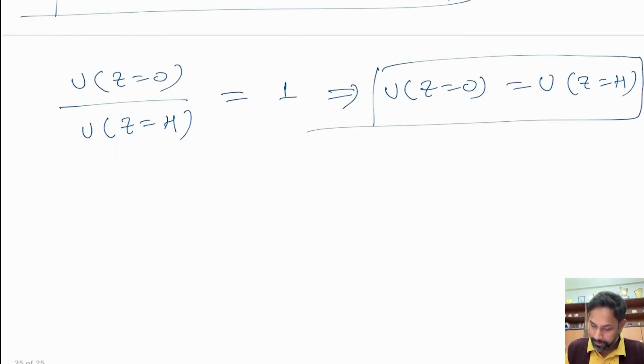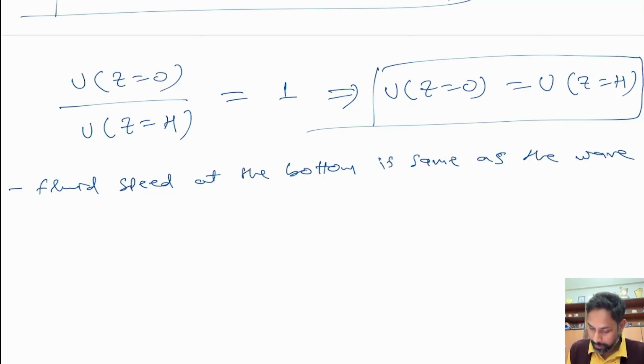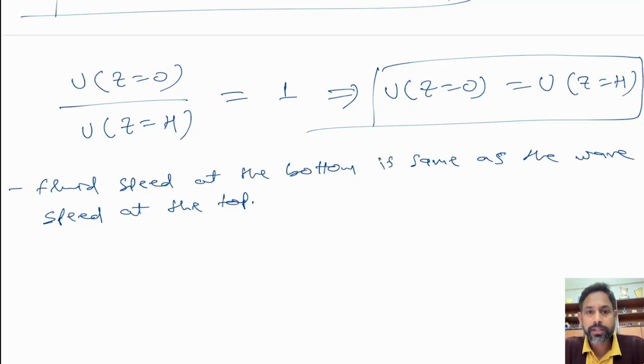So wave speed at the bottom is same, or sorry, I should not really use wave speed, I should say fluid speed at the bottom is same as the wave speed at the top, right?